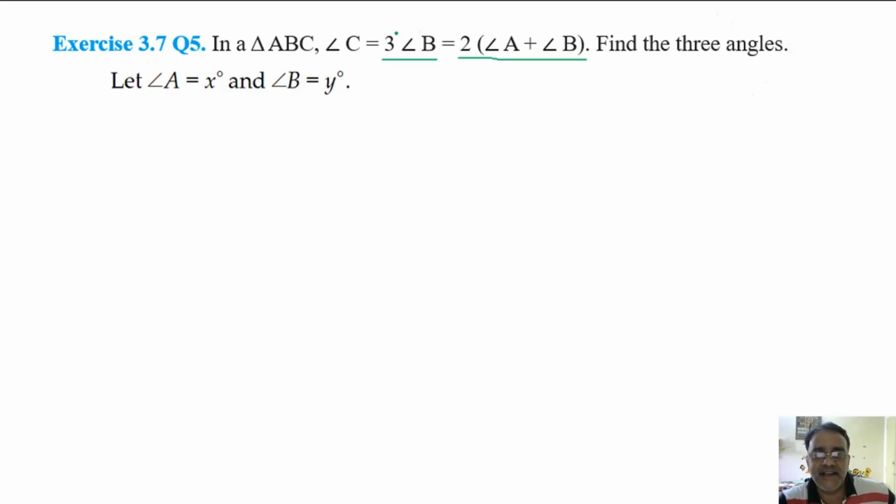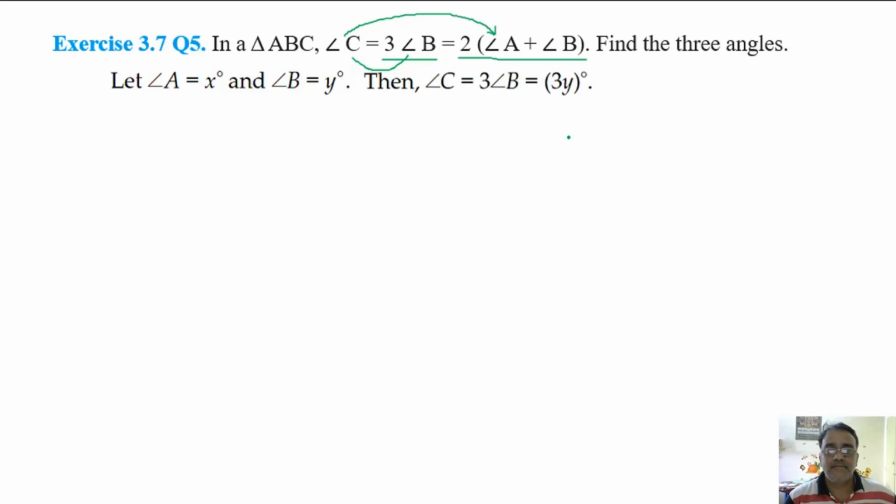So what is angle C? If you use this one, you will get 3 times y. So angle C is equal to 3y.